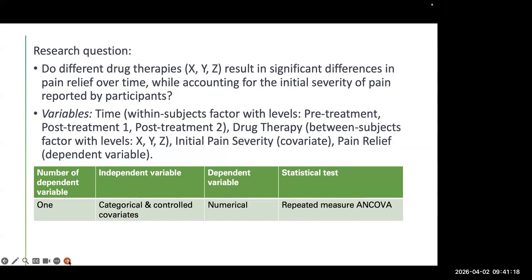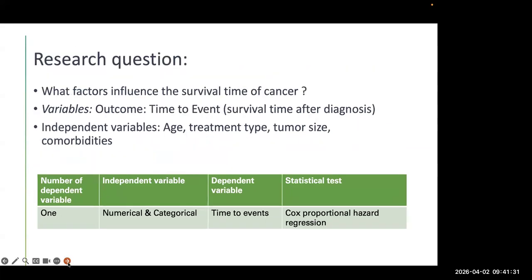If you see the factor is not affecting the treatment, then you do not need ANCOVA, but you can do repeated measure ANOVA. All right. So multivariate is quite confusing. But if you are clear on the dependent and the independent, inshallah, you will have the correct statistical test.